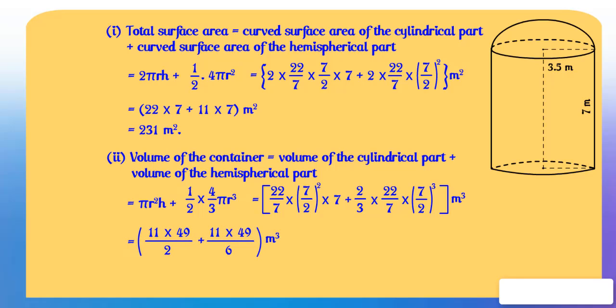This is equal to 11 into 49 by 2 plus 11 into 49 by 6 meter cube is equal to 11 into 49 into 2 by 3 meter cube is equal to 359 1 by 3 meter cube.